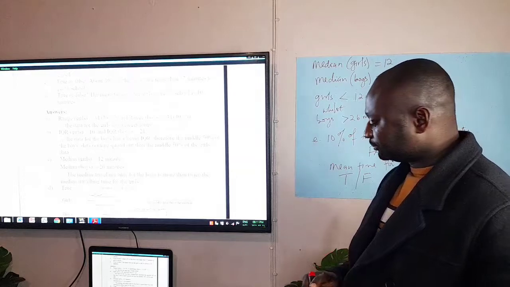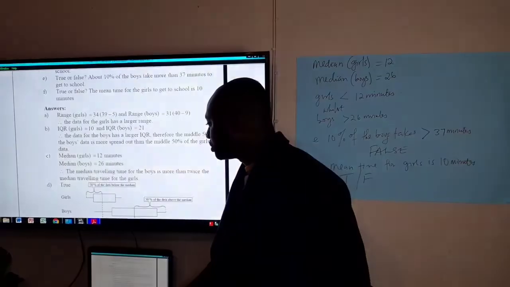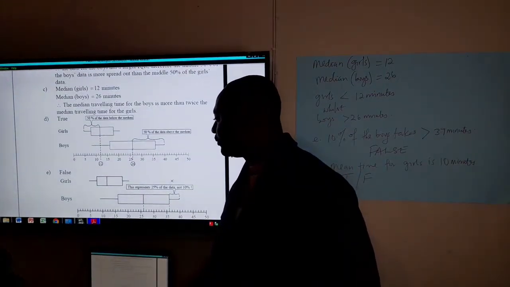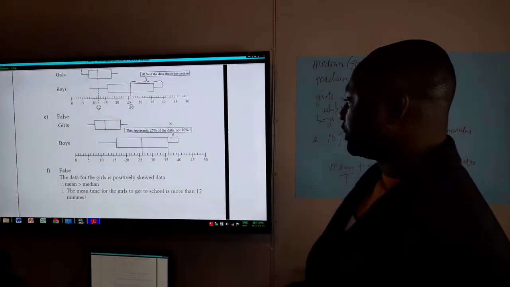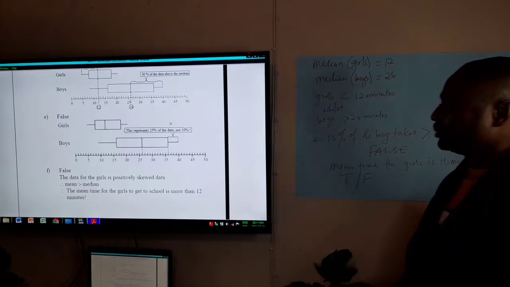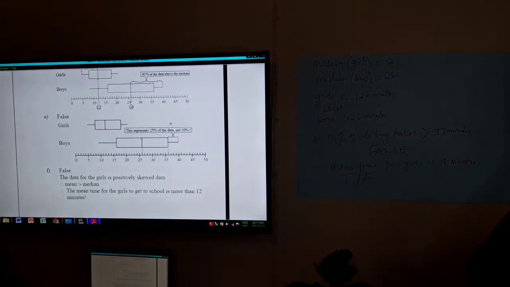So you choose one. But then you don't just choose. You go to the diagram for that question and say whether it is true or false. So now let's see. The mean time for the girls to get to school is 10 minutes.